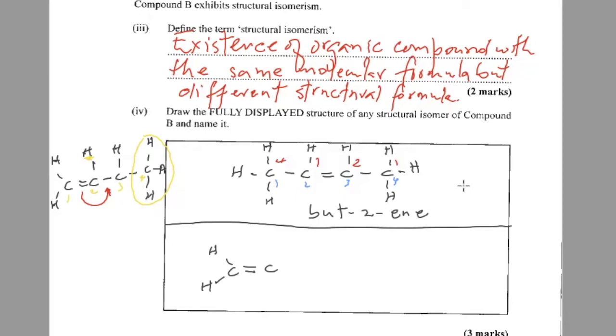But on this carbon number 2, we would now put on the CH3 that we took from the end over this side. So we're swapping space with the hydrogen and the CH3. So we put the CH3 right here.